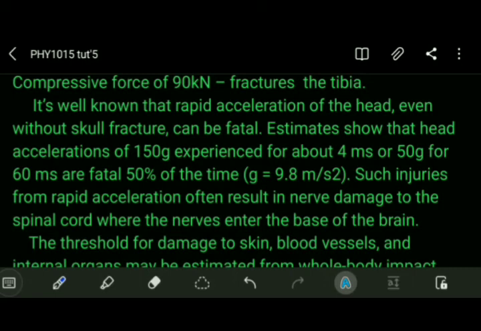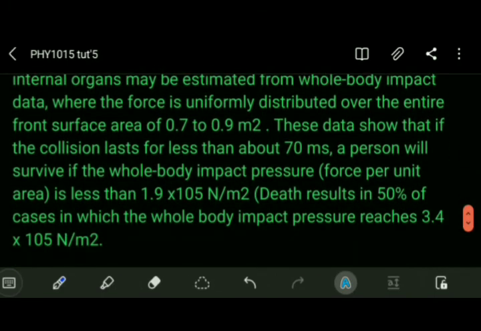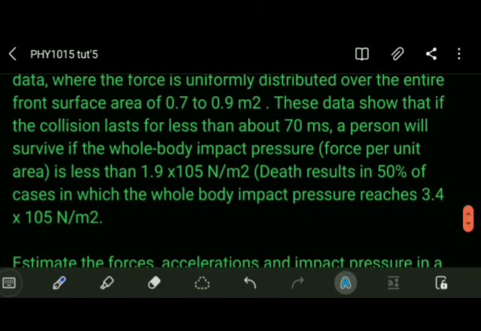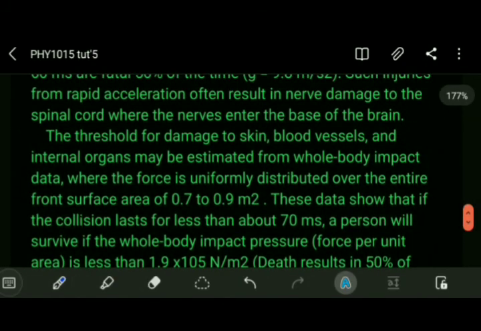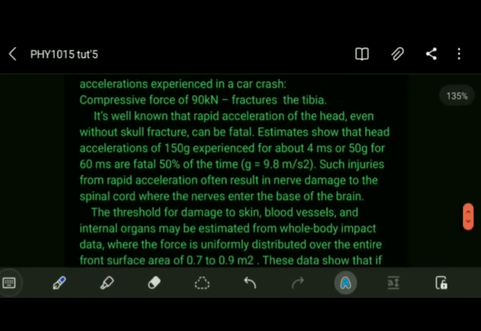It's a similar situation here. An acceleration of more than 150 g is going to cause death, and also a pressure of about 3.4 times 10 to the power 5 newtons per square meter is going to lead to some skin damage as well as damage to blood vessels and internal organs. So this is what is happening.